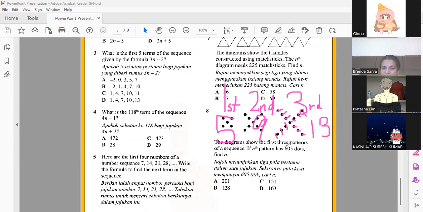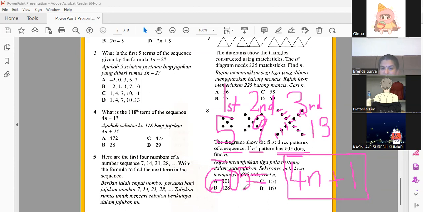If the diagram shows the first 3 patterns of a sequence, if the nth pattern has 605 dots, find n. Hey, the pattern is the same, you know. The matchstick also, isn't it? 1, 2, 3, we had 5, 9, and 13 matchsticks. Now it's dots. So your formula is 4n plus 1. The same formula is going to work. And it's going to be 605.